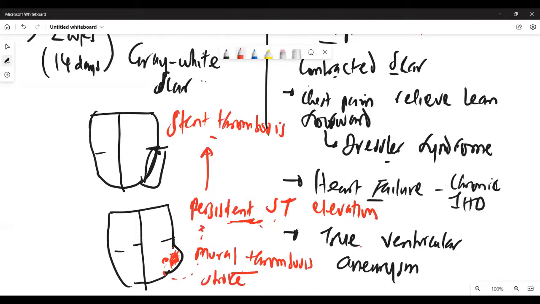So if I see a question, somebody who had a myocardial infarction 2 weeks ago or 3 weeks ago, now the patient is presenting with maybe left-sided weakness, or they can't speak, and on EKG I see persistent ST elevation from previous admission, then I know most likely this might be related to mural thrombus. So that patient might need an echocardiogram to look for those mural thrombus.